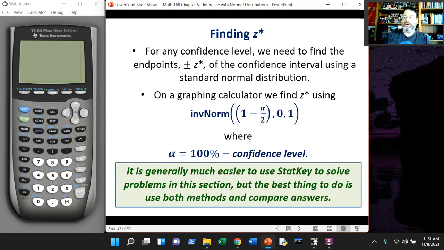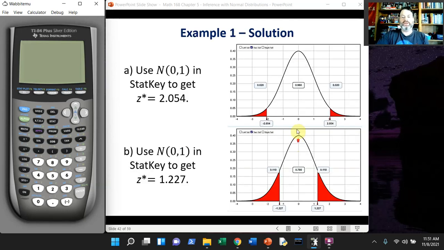So let me go ahead and get this calculator rolling. Is it on? Yep, there it goes. Okay. If we go back and look at this graph, let's say for the sake of argument that I want to find the critical value here.